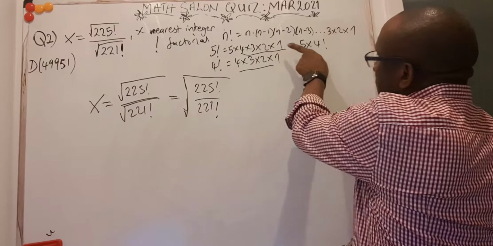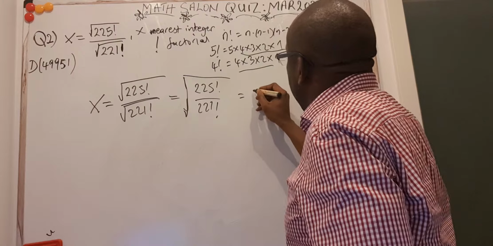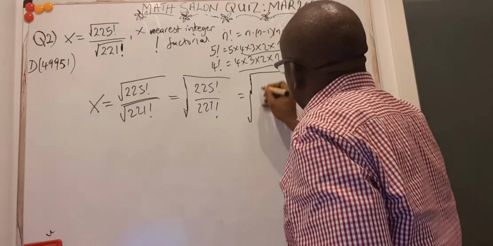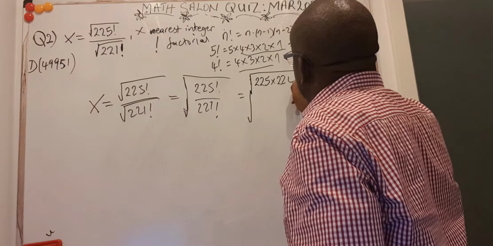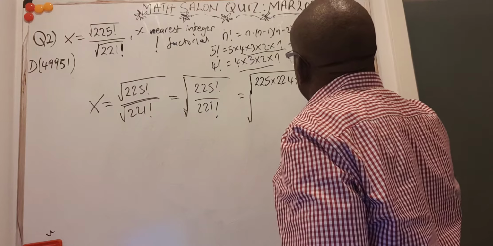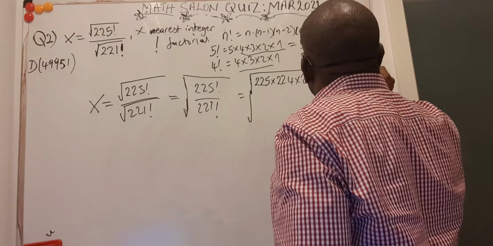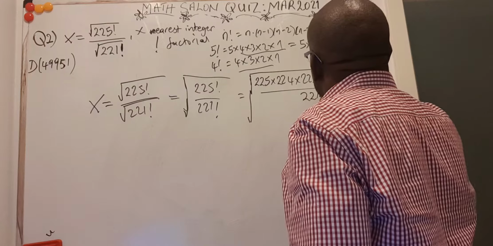Then I can use the technique I have here, because this will be a factor in that one, since that one is bigger. So this is the square root of 225 times 224 times 223 times 222 times 221 factorial divided by 221 factorial.